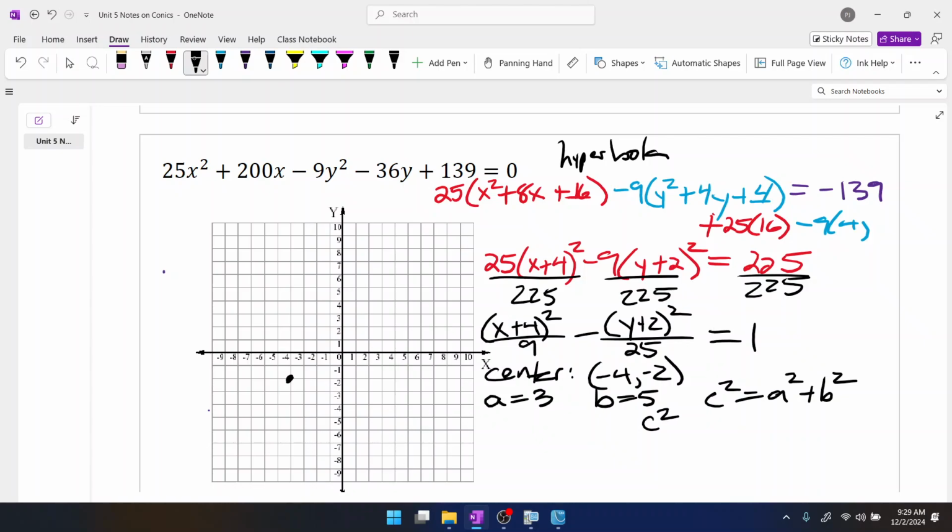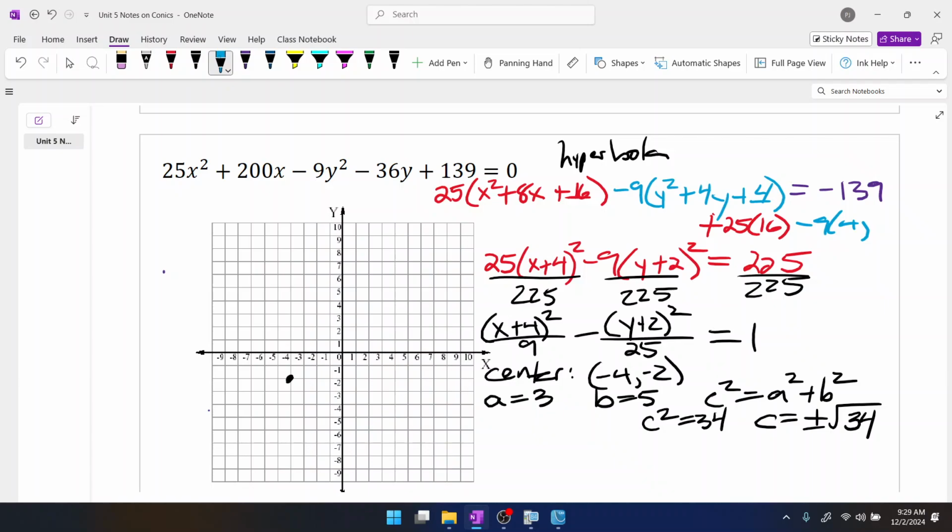So c squared will equal 34. c will equal plus or minus the square root of 34, and that's something just under 6. So we're going to be centered at negative 4, negative 2 here.